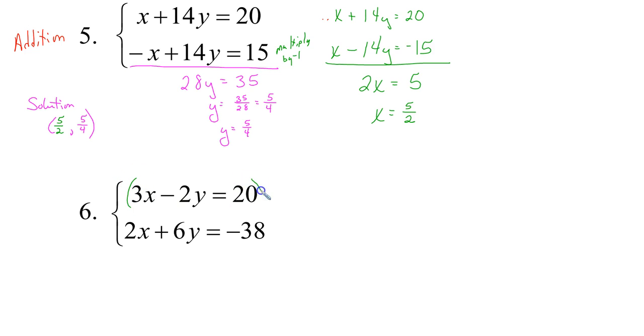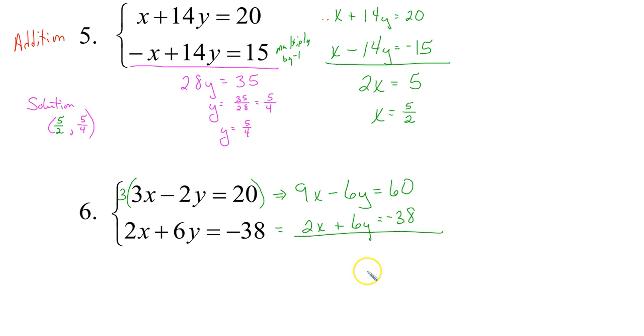So let's multiply the first equation by 3. That's going to give me 9x minus 6y is equal to 60. And the second equation is going to stay the same. It's going to be 2x plus 6y is equal to negative 38.